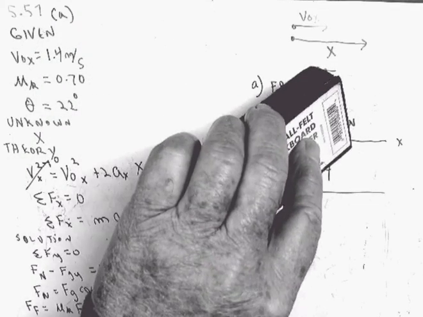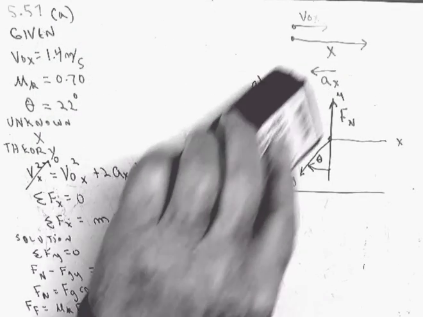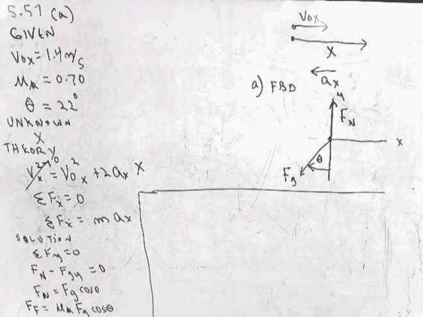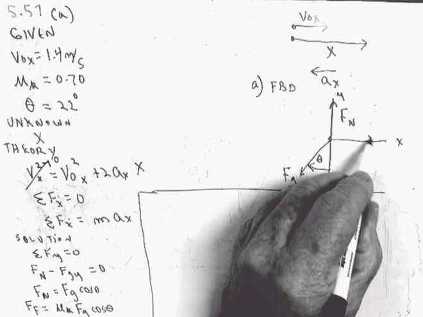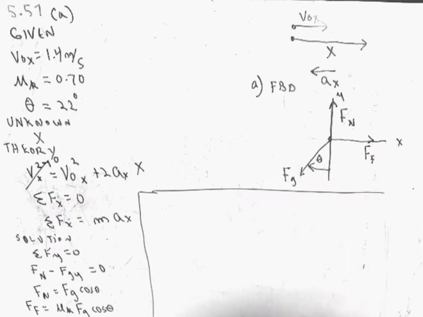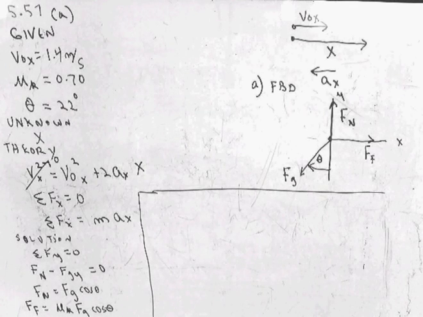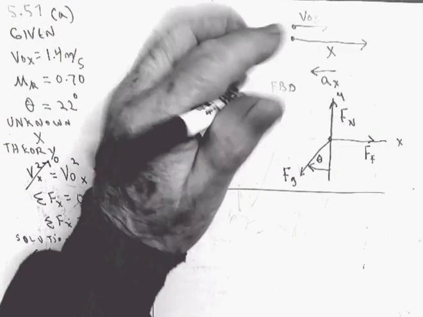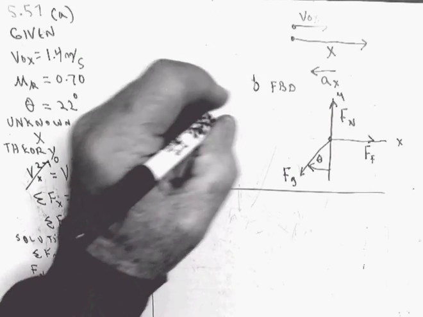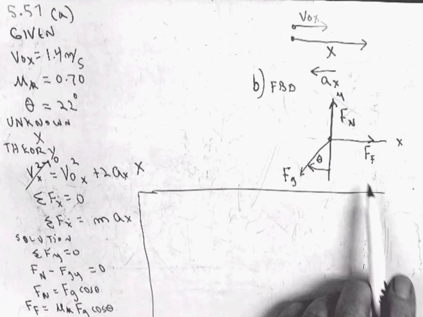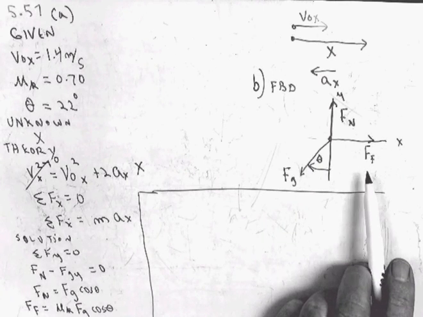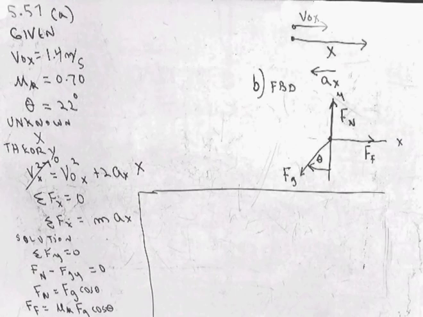All you have to do in this case, if it's trying to slide down, is just reverse the force of friction. So the force of friction will be in this direction. And the answer to whether or not it will accelerate down, for the B part of the problem, is whether f sub f is greater than f sub g.